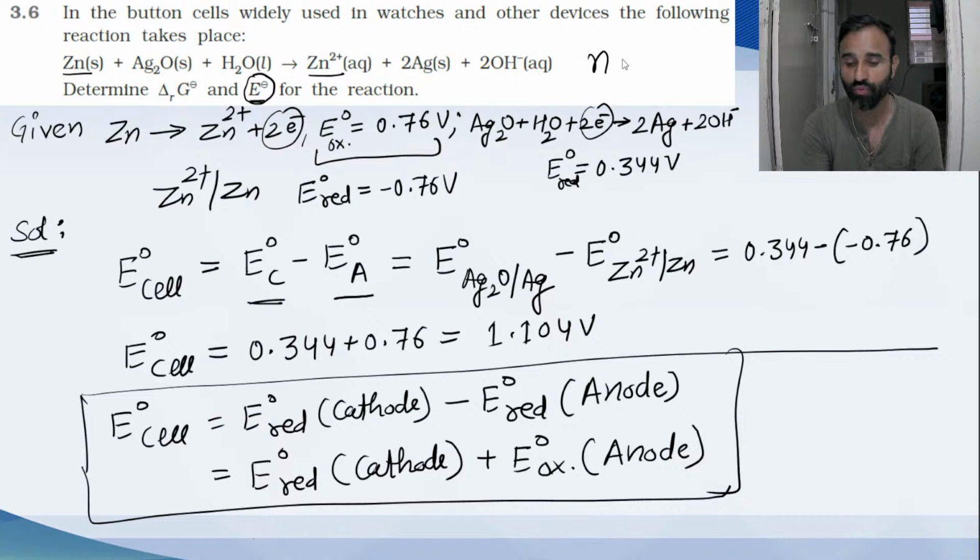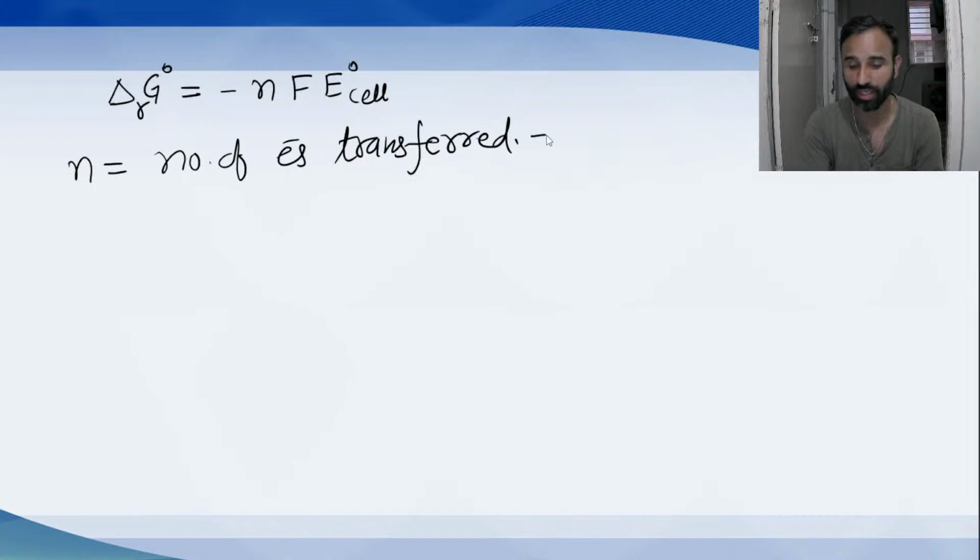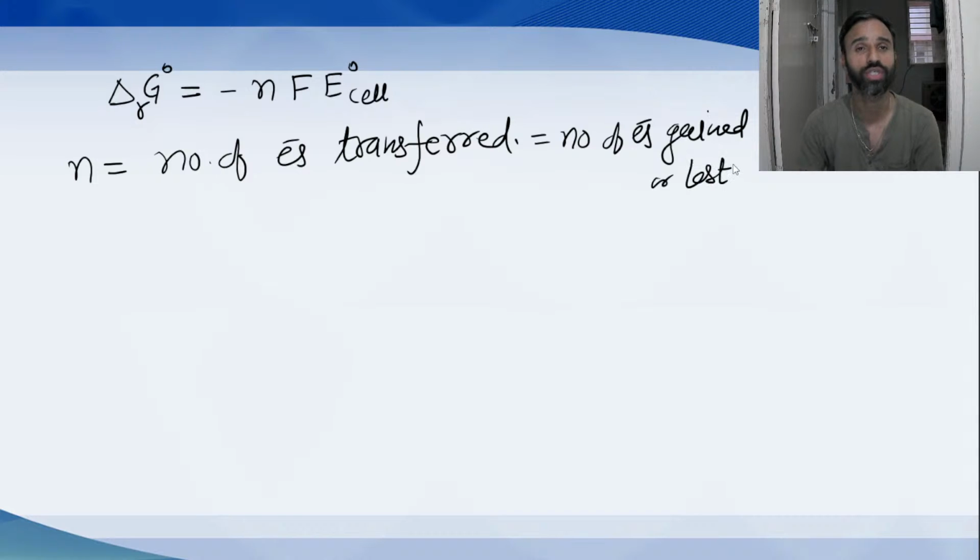That means n for this particular reaction is 2. You can write it as the number of electrons gained or lost. So n for this particular reaction is 2.